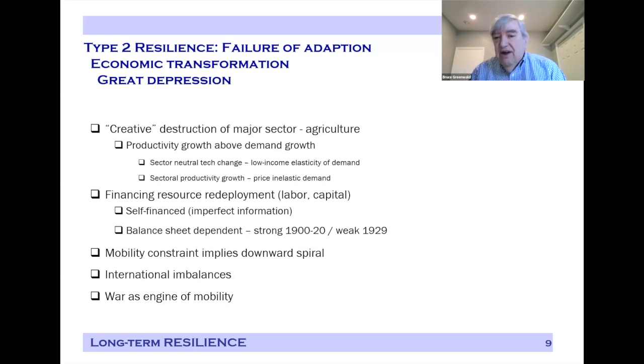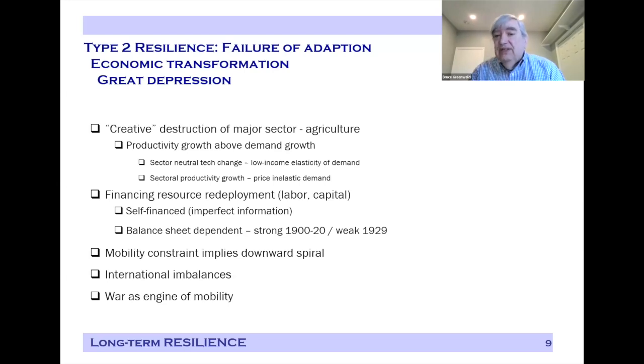From 1900 to 1920, farms do extremely well. It's a period of extraordinary prosperity. So in 21 to 23, when you have big problems with agricultural prices, you see a lot of outmigration. But over the course of the 20s, which was a very bad decade for the farm economy, those balance sheets are impaired.